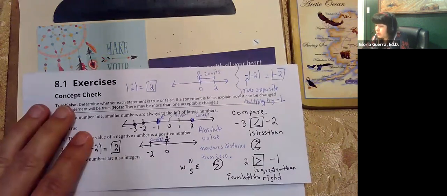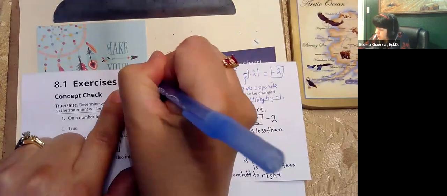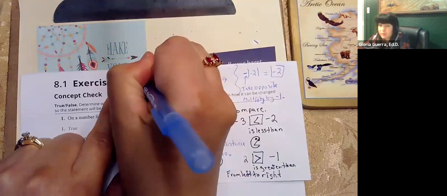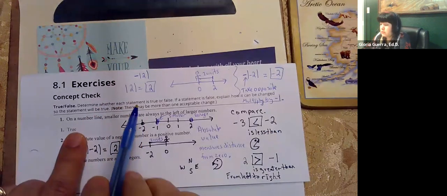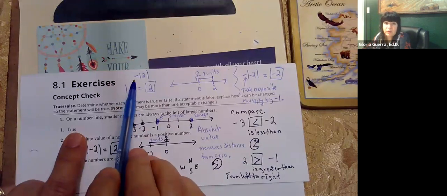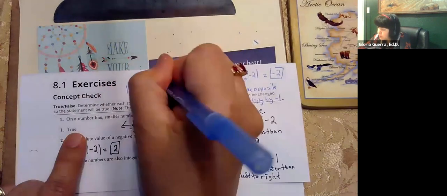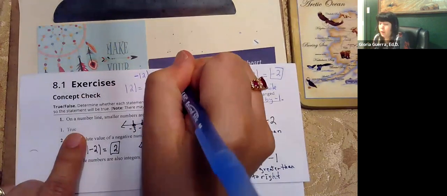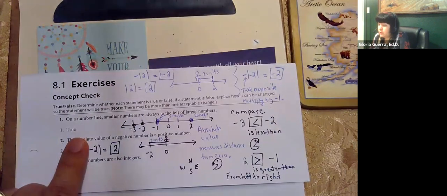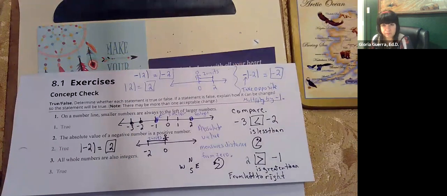If I write the absolute value of 2 up here, but then I put a negative outside, this is: take the opposite of the absolute value of 2. Then that would equal -2. So you've got the negative on the outside of those absolute value bars.